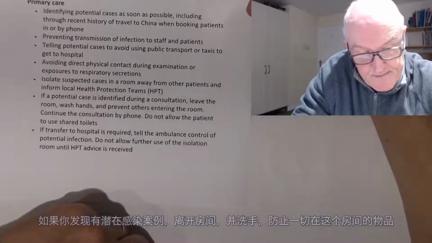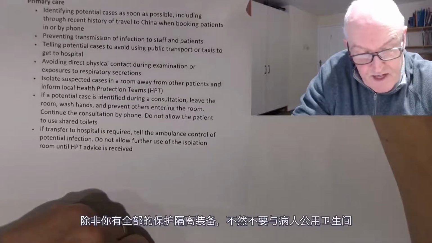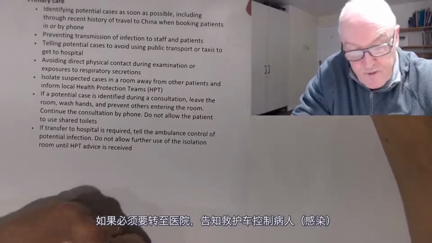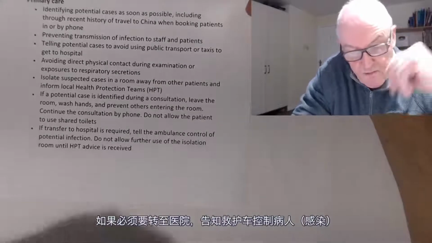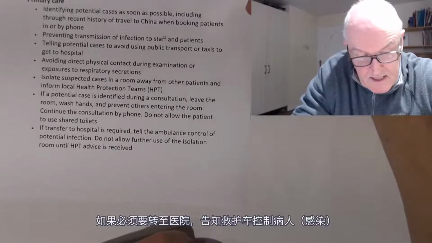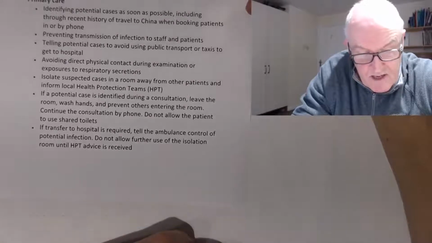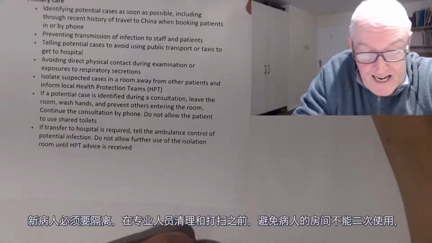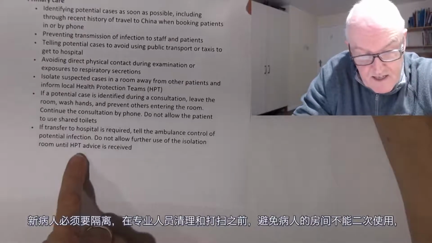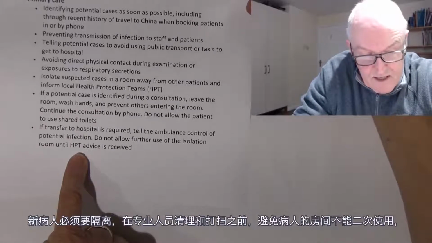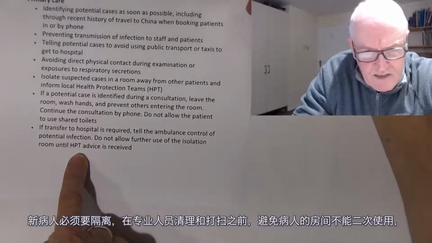Don't allow the patient to share a toilet. And if transfer to hospital is required, tell the ambulance and control people. And patients need to be isolated, and the room can't be used again until it's been cleaned and cleared by the health protection teams.